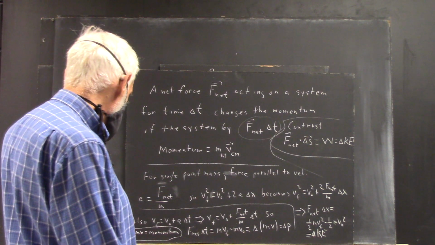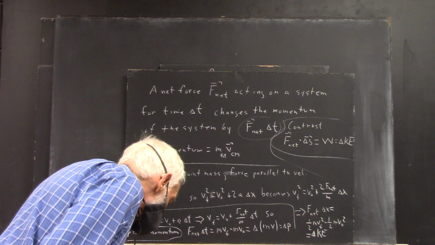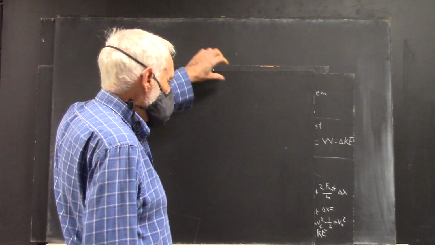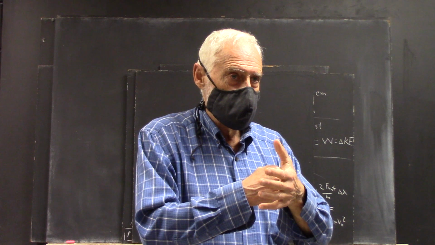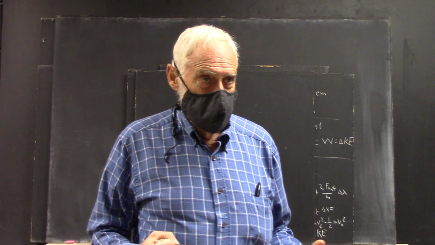This is particularly useful if you have a collision. Two objects collide, maybe they stick together, maybe they bounce off of each other. If they stick together, it's what you call an inelastic collision.